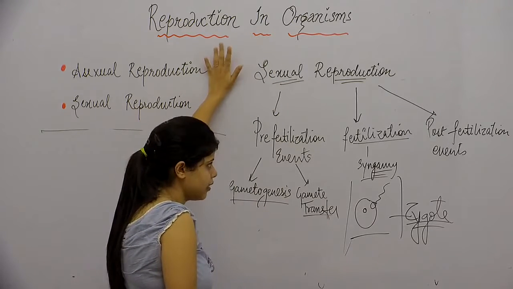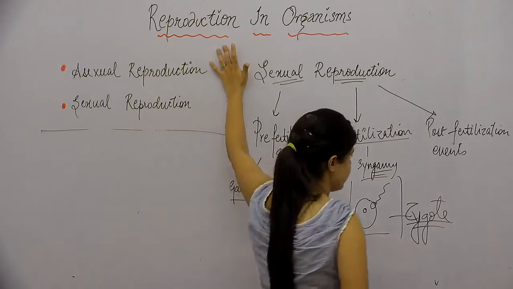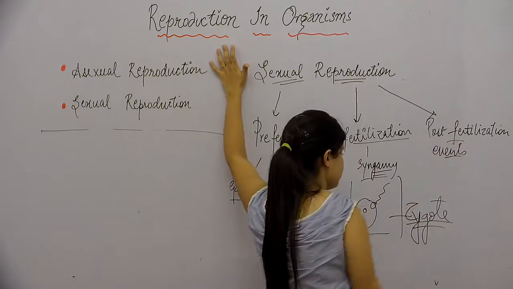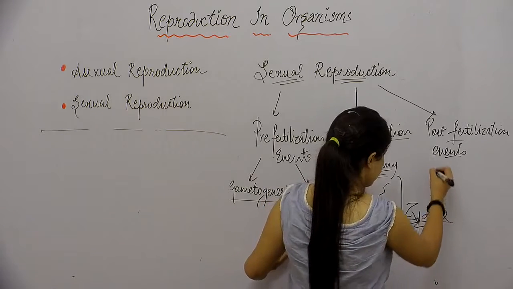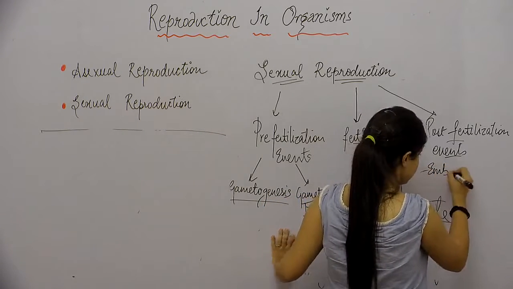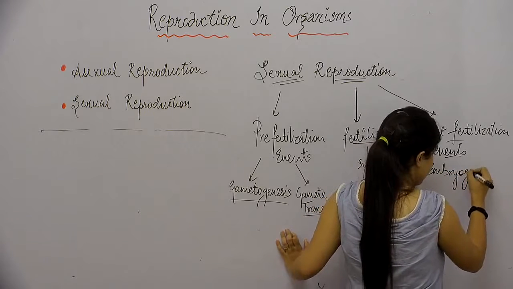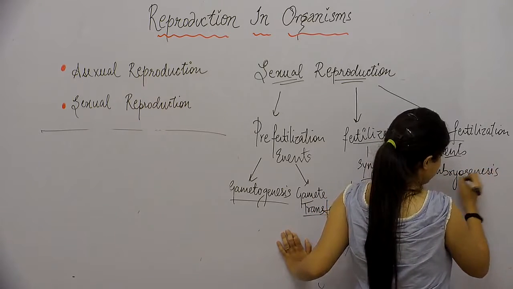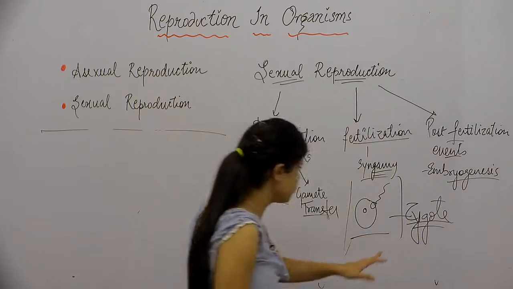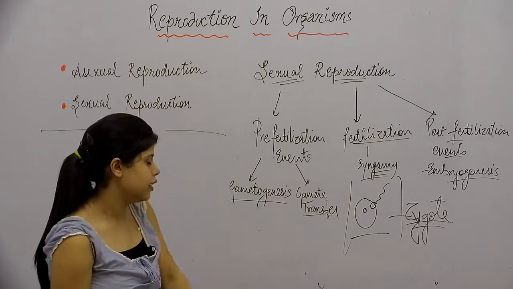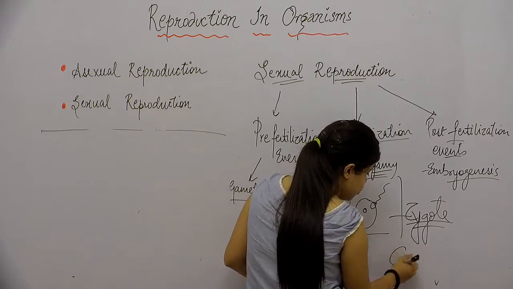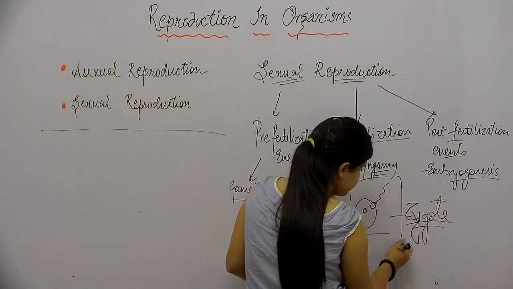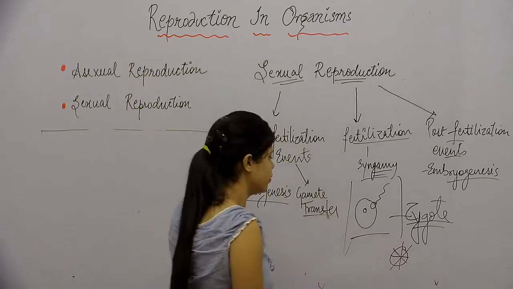So after fertilization, we have the post-fertilization events. In post-fertilization, we first have the embryogenesis. Well, embryogenesis is nothing but the development of zygote into embryo only, which takes place by the cell division of zygote, right?